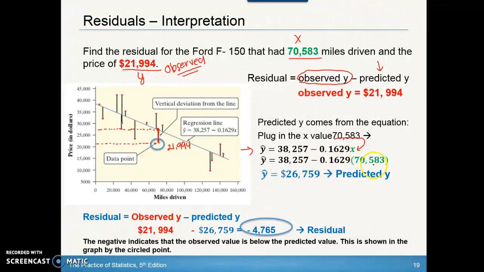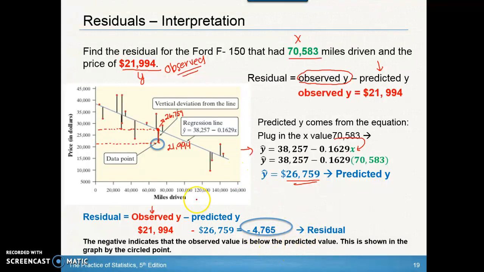So when I plug that in, I get the predicted y is 26,759. So I want the difference between the two. So what was our observed y? That's what we were given from the beginning, minus the predicted y that we found out right here. And the residual is negative 4,765.